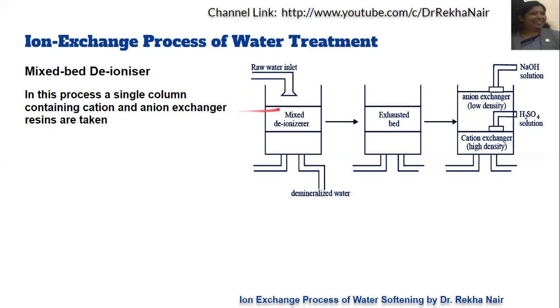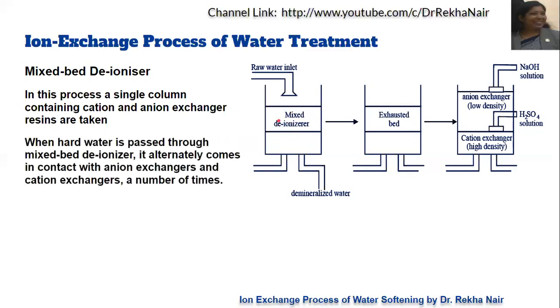In the mixed bed deionizer, we have cation and anion exchangers mixed together in one single column. When hard water is passed through this mixed deionizer, it alternately comes in contact with anion exchangers and cation exchangers a number of times.